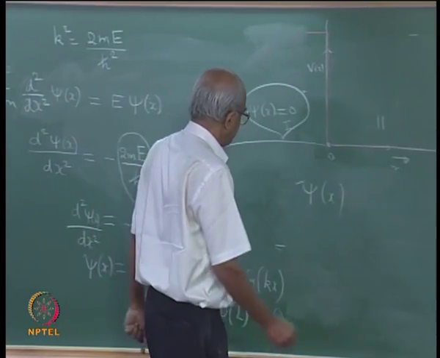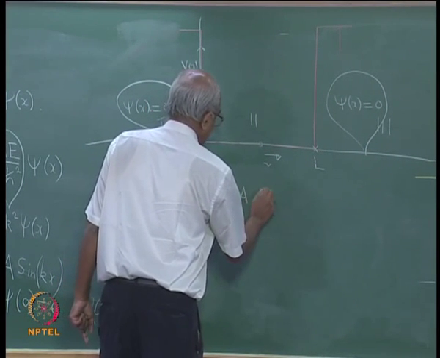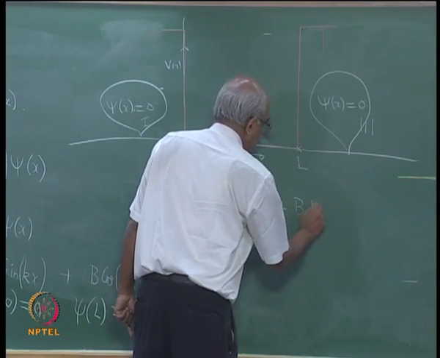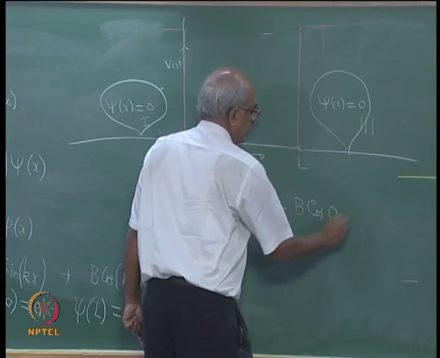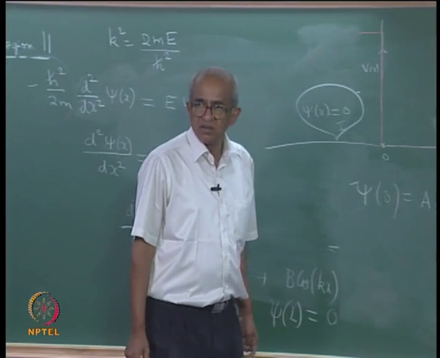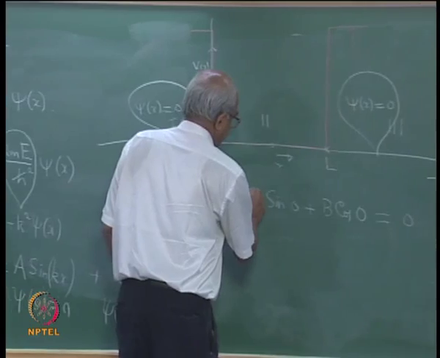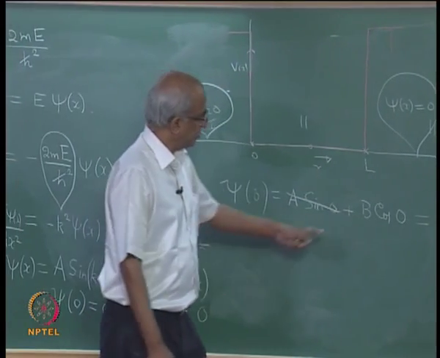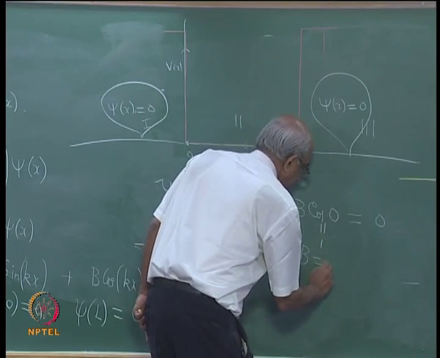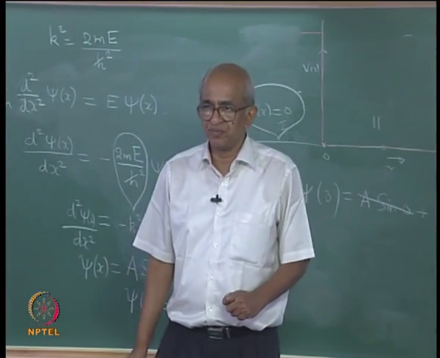If you do that, psi at 0 will be equal to a sin 0 plus b cos 0, and that must be equal to 0. Sin 0 I know is actually 0, so this term simply goes away, and cos 0 is equal to 1. So, in order to satisfy the first boundary condition, b must be equal to 0.